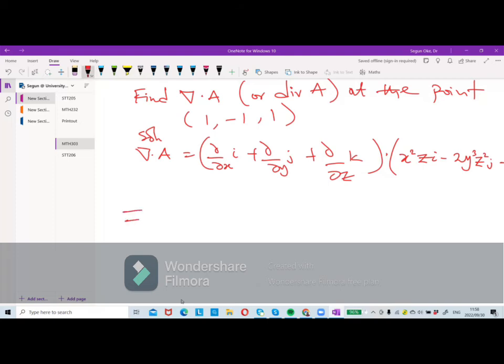So you are now going to have d/dx of the i component, x squared z, plus d/dy in brackets. You don't need i again, don't forget. i dot i will be i squared, and i squared is equal to 1. You remember? Yes, sir. j squared is equal to 1. k squared is equal to 1.